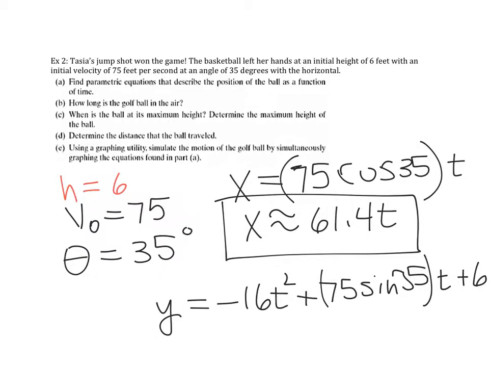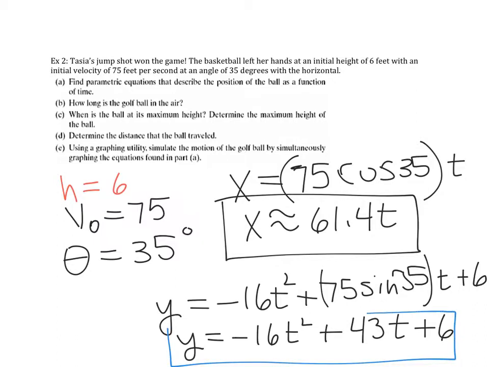And then that simplifies. I like to just get a decimal approximation here because we're going to need to use quadratic formula. So we've got negative 16 t squared plus about 43 t plus 6. So there's our two parametric equations. Good to go.